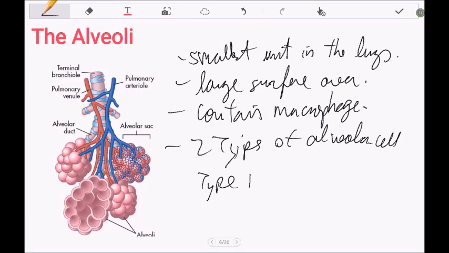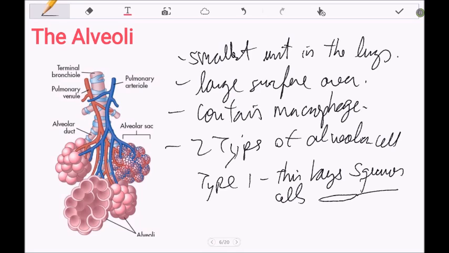So they are the ones that divide the blood from the air in the alveoli, so that carbon dioxide can diffuse out and oxygen from the atmosphere can diffuse in. And this is a very thin layer of squamous cells. As a review, squamous cells are very flat and very thin, like this, right?